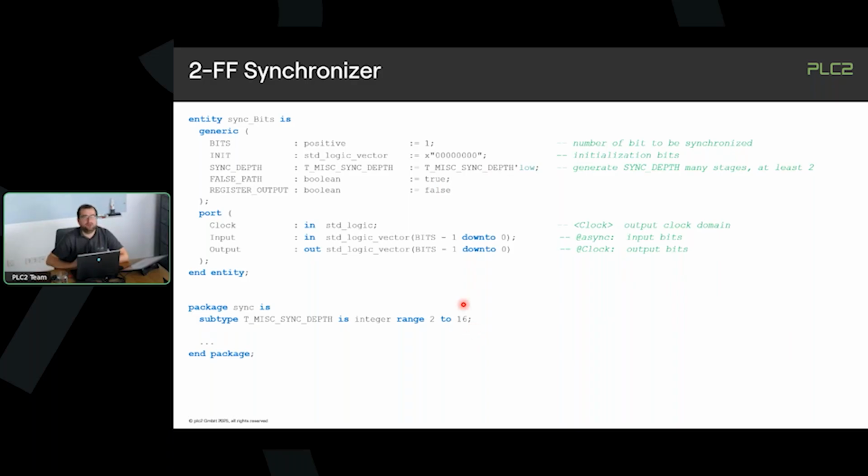And in case you want to change all your synchronizers in the whole design at once, you go into the package and you change the lower bound here of our misc syncdef data type to 3 or 4, and all synchronizers will get more flip-flops in their synchronizer chains.